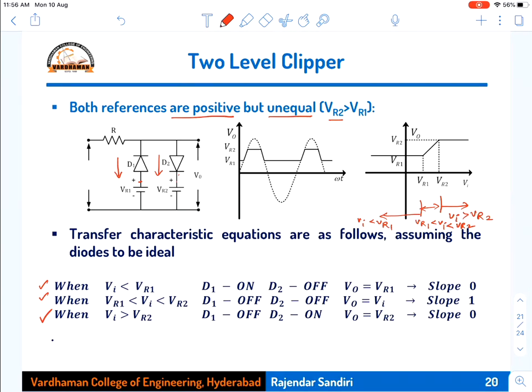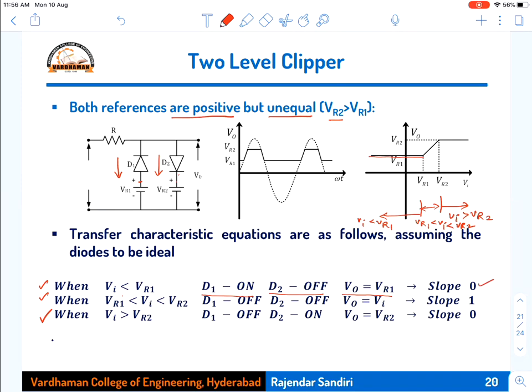So Vi is less than VR1, and VR1 is again less than VR2, that is already implied. Under that case, D1 is on and D2 is off, and your output voltage V0 is equal to VR1. Therefore, you are getting the graph like this, and the slope of that one is 0.